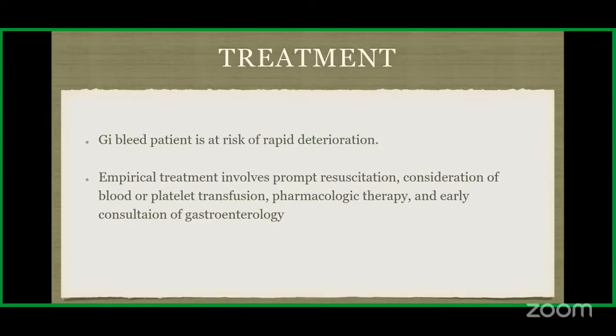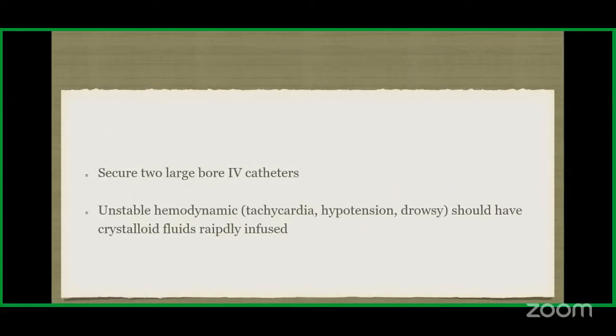Unless those are done, we don't get a correct estimate of how much bleed is happening or might happen in the next couple of hours. So prompt resuscitation has to be taken up. If the patient is already in shock, hypovolemic, or anemic, immediately the patient has to be started on IV crystalloids. Blood transfusions, if necessary, have to be started.